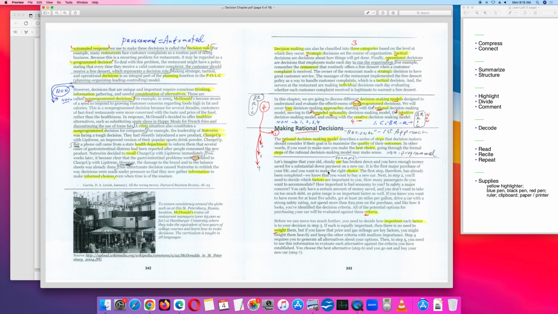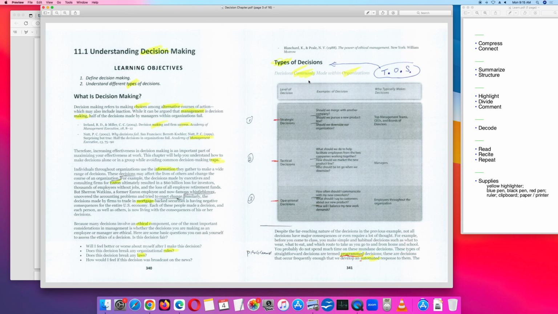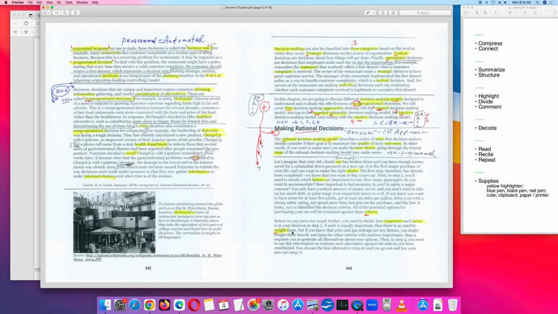So how would I redo it? I would say types of decisions, 2 ways to group decisions. Group 1 is based on level of the organization: CEOs do strategic decisions, managers do tactical decisions, frontline employees do operational decisions. Then the second way to categorize decisions is programmed automatic decisions and non-programmed.